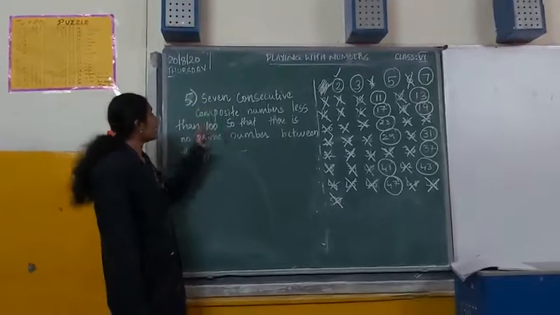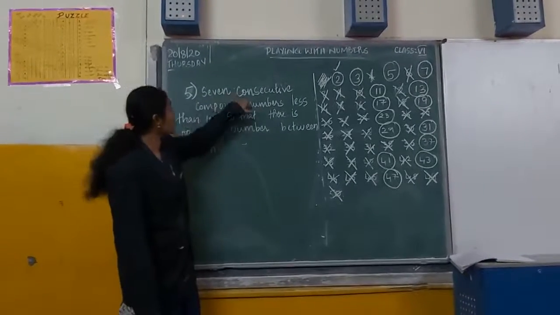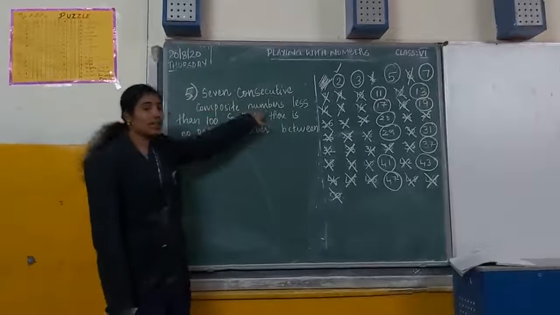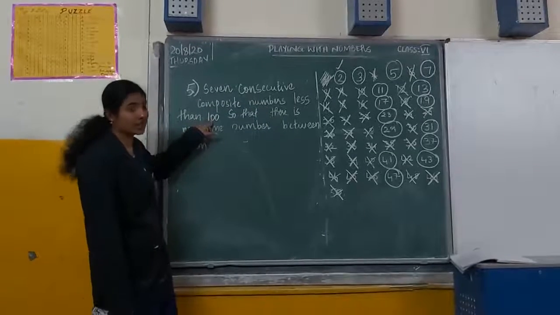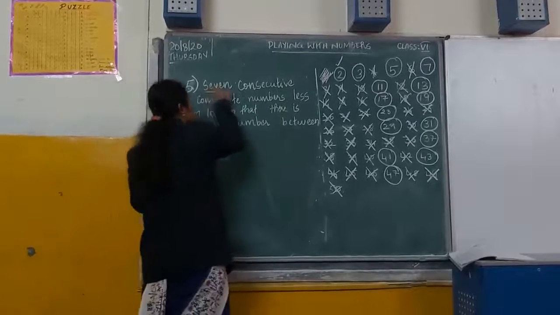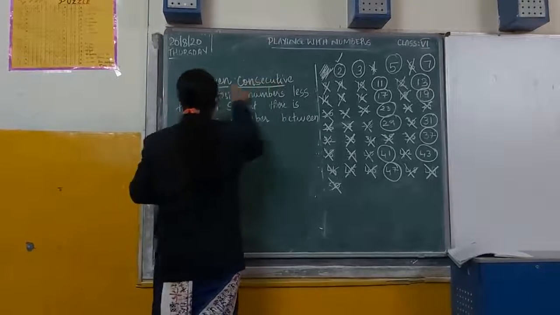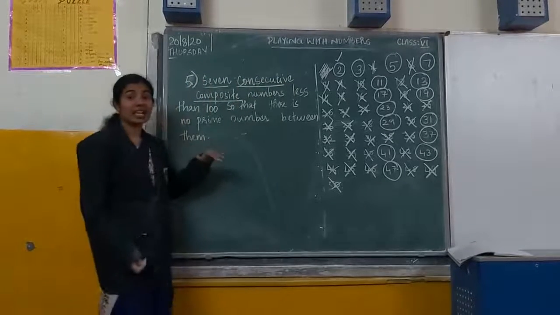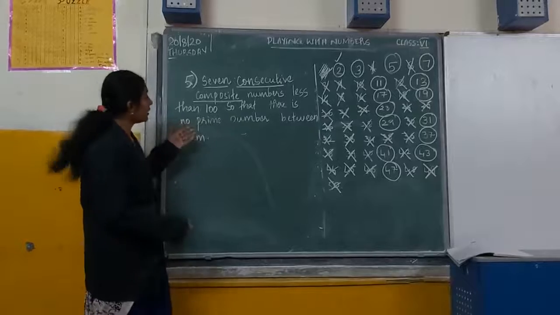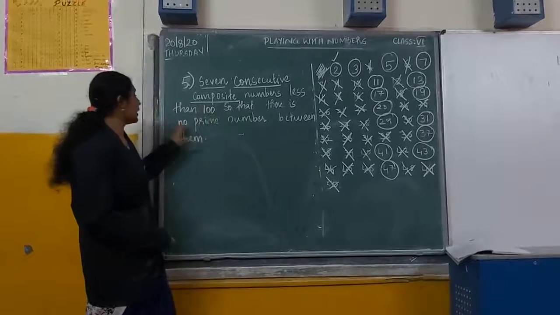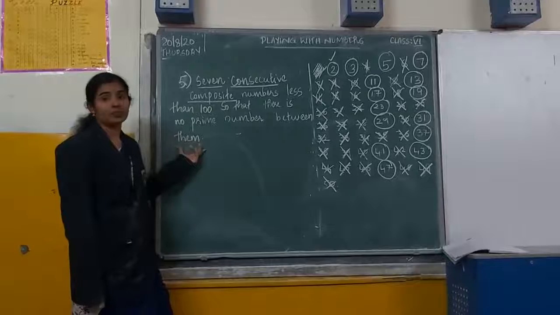The next question says you should write 7 consecutive composite numbers less than 100. You should not get any prime number between them.